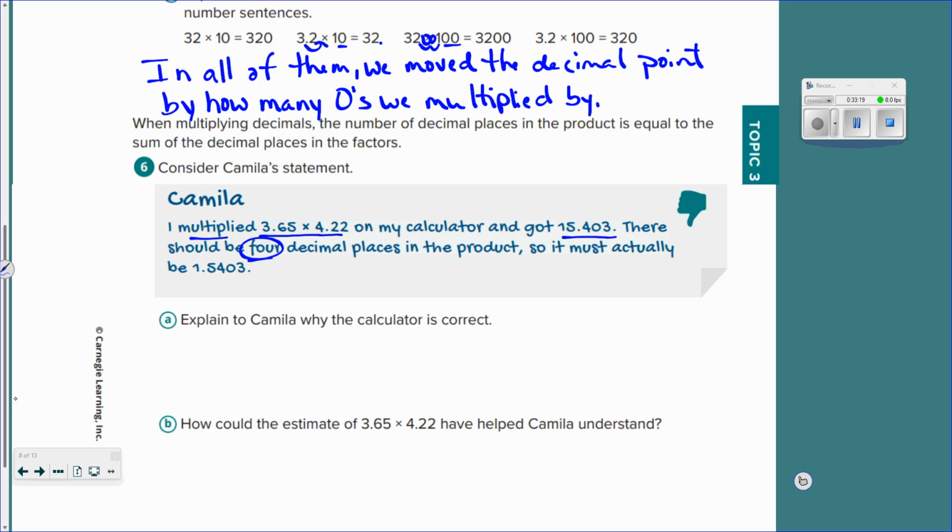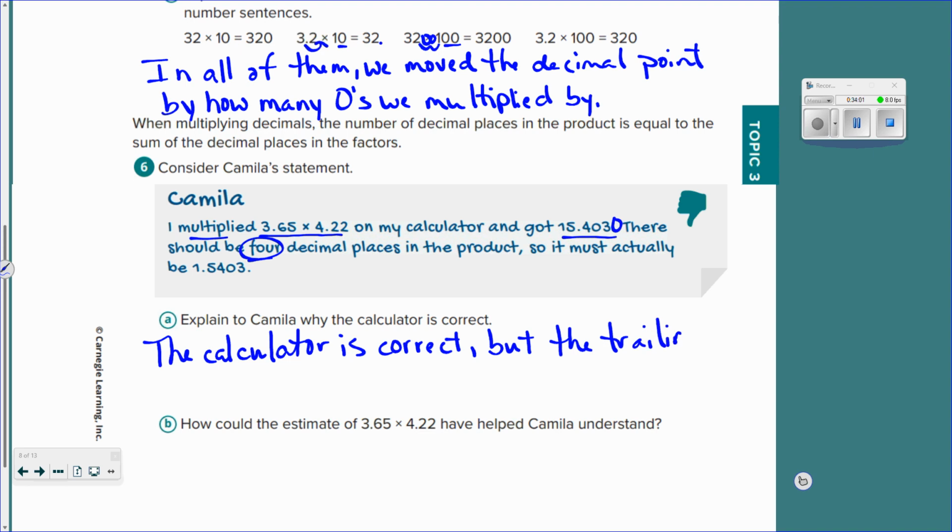Awesome. How many of you saw that? Say it again. The calculator is right, but the last place value is a 0, so we don't need to have it. Does that actually add to the value of the number? Do I need that 0? No. So the calculator is correct, but the trailing 0 is not needed.